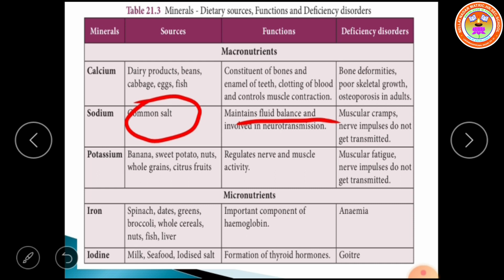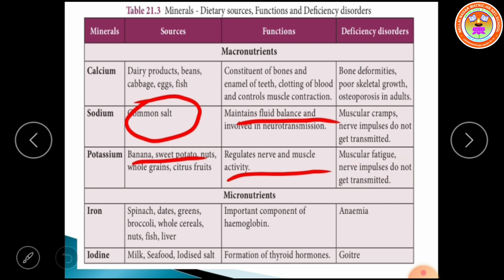Muscular cramps occur, and nerve impulses do not get transmitted if sodium is deficient. Potassium is rich in banana, sweet potato, nuts, and even whole grains. It regulates nerve and muscular activity. If potassium deficiency is seen, muscle fatigue occurs and nerve impulses cannot be transmitted.